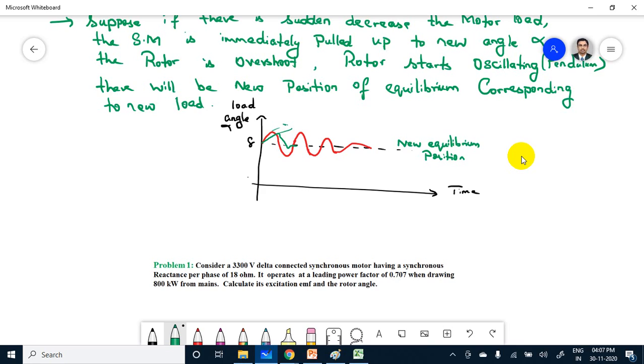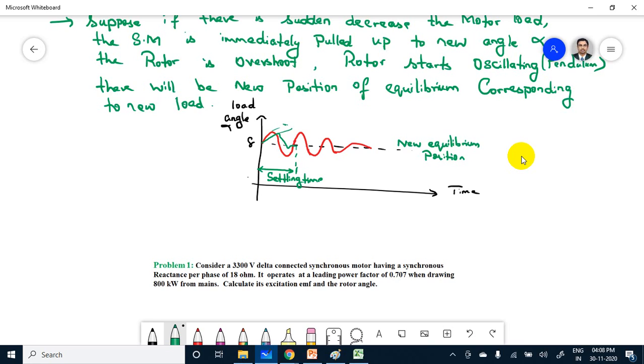This type of point is called the settling time. You see this red color waveform is too lengthy, because we do not have only armature winding.